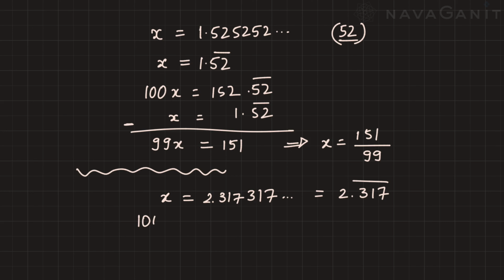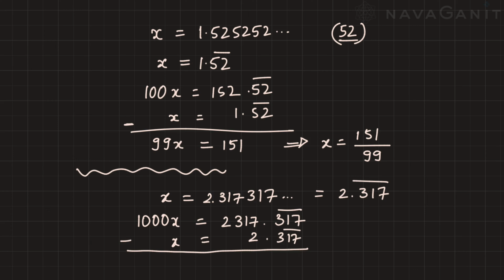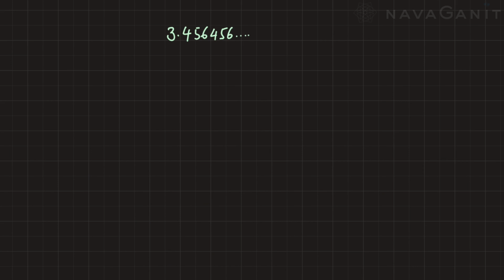So now I need to multiply it with 1000 so that this becomes 2317.317 bar, and because x is 2.317 bar, I can now subtract one from the other to obtain 999x is 2315. So x would be 2315 upon 999.